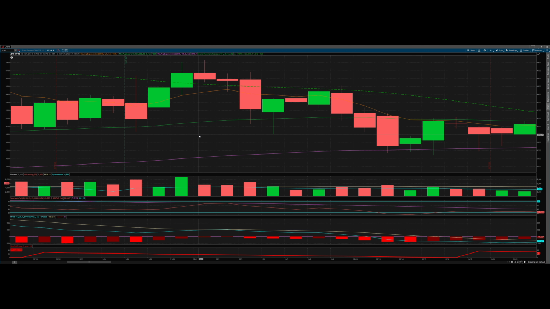So if you use your crosshairs on your mouse, you can put that there and see that this wick is higher than these two and these two, okay? So that's a high, okay? So let's find a low, which would be the opposite.